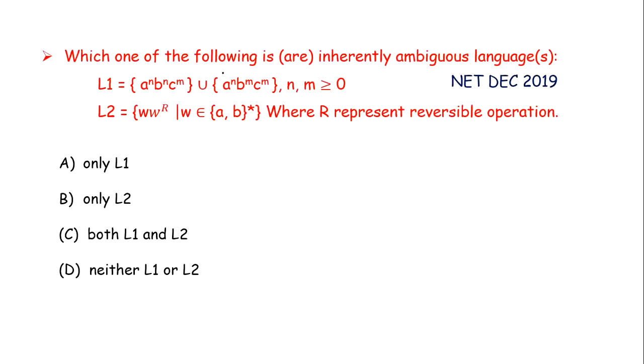Next is, which one of the following is or are inherently ambiguous languages? L1 is a raised to the power n, b raised to the power n, c raised to the power m, union a raised to the power n, b raised to the power m, c raised to the power m, where n and m are greater than or equal to 0.